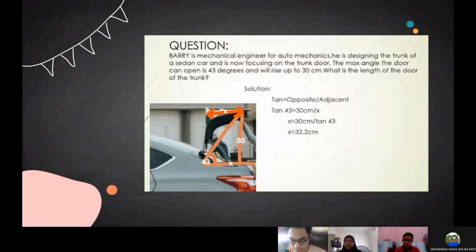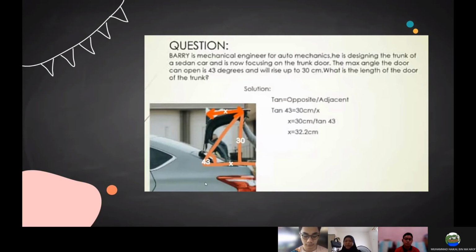So tan 43 equals 30 centimeters over x. x equals 30 centimeters over tan 43. And we get the answer: x, the length of the door of the trunk, is 32.2 centimeters.